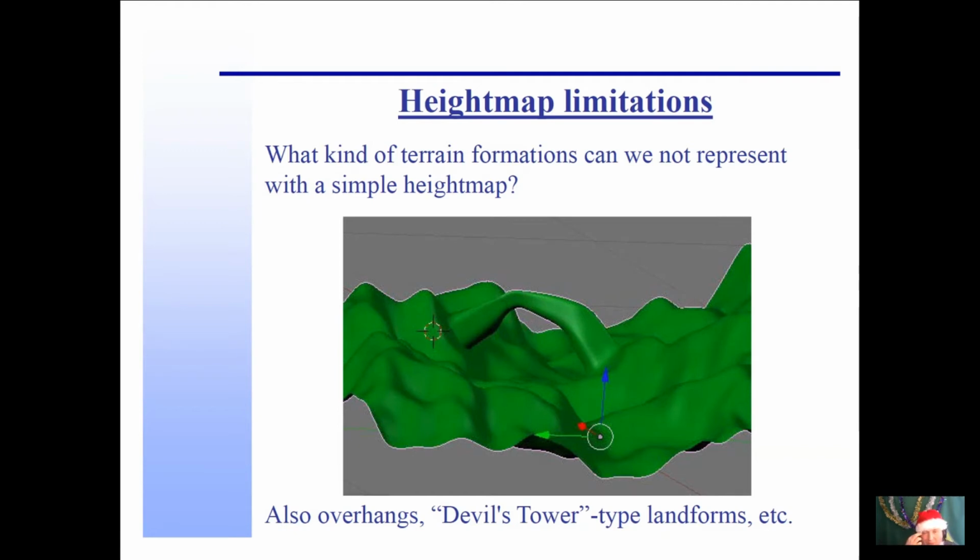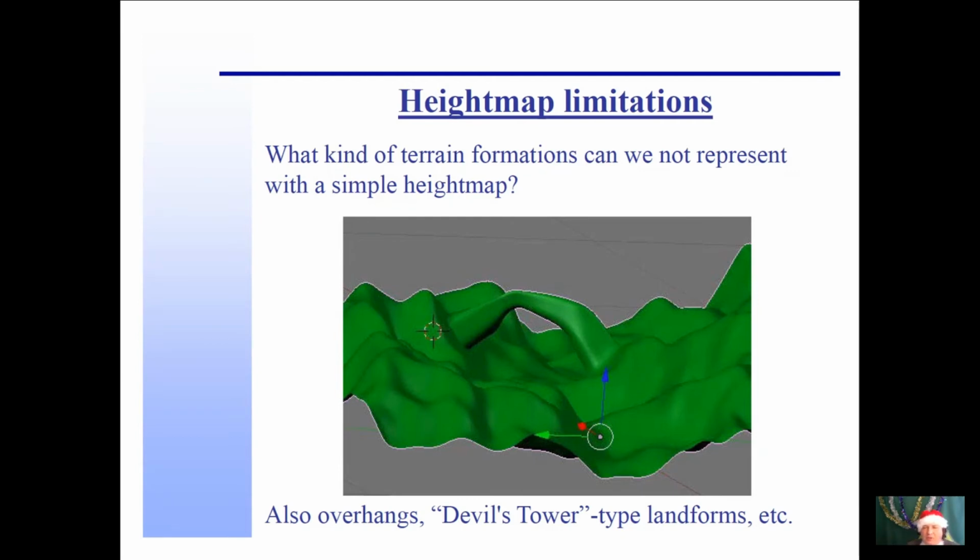Okay, just think about any point above this rock arc formation. Okay, for any combination of x, z coordinates, we just can provide a single height, right? So we can provide the height of perhaps the top point here or the bottom point here, okay, but not the entire 3D structure. So that's the big limitation of the height map approach.